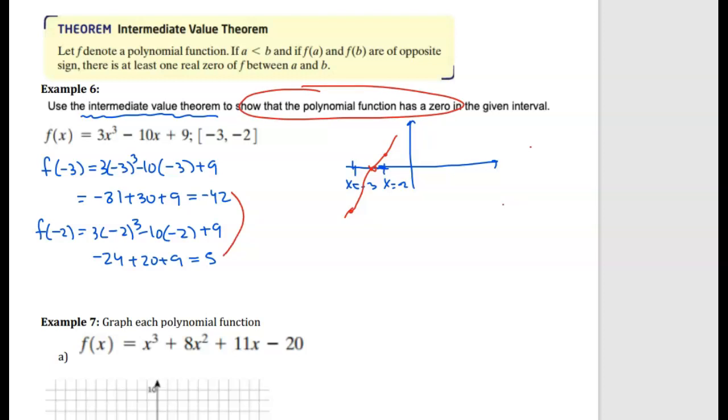So if you show a sign change, there's a sign change. Therefore, the intermediate value theorem tells you there must be a 0 in the interval negative 3 to negative 2. Alright, so that's what the intermediate value theorem is.